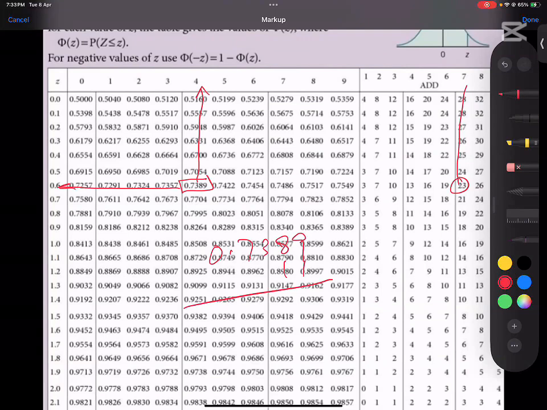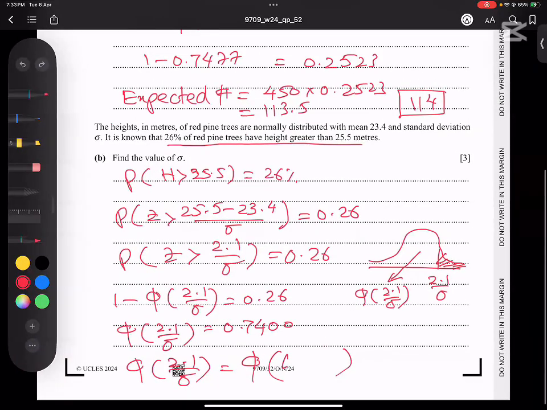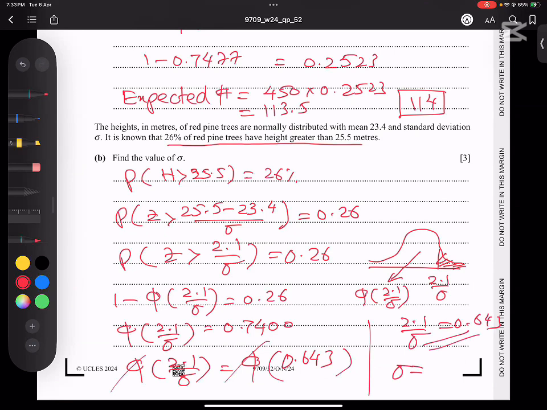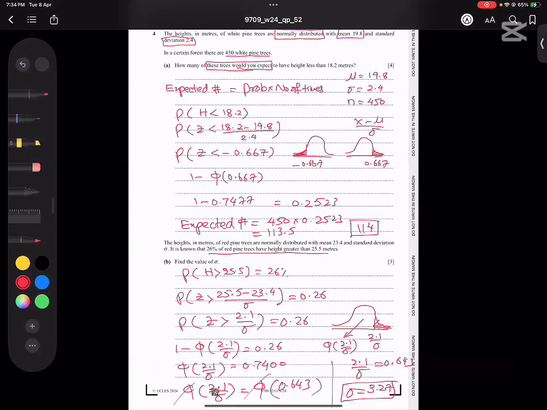If I add 11, I get 0.74. 11 is 10 is 13 is far, 10 is close. So I take it 0.643. So this cancels out, sorry, and this part equals that. Then I got this deviation: 2.1 over sigma equals 0.643. If I multiply and divide down, I get the answer 3.27 after rounding. So I believe the concept is very clear, and the question is over.